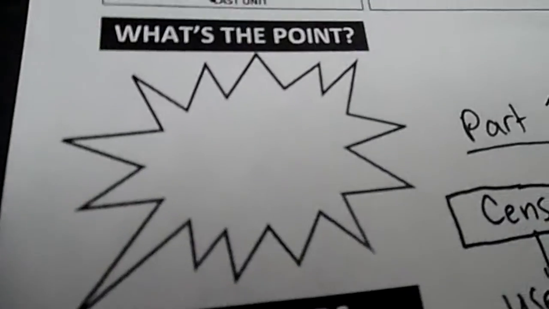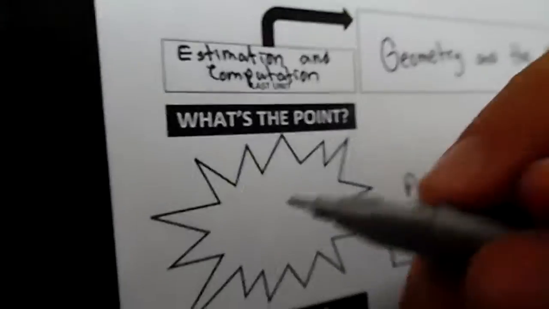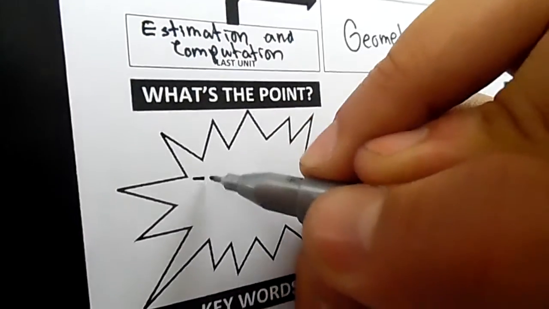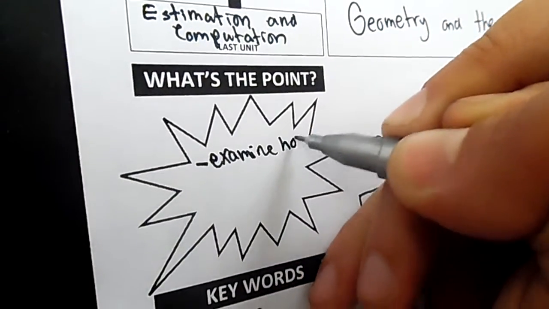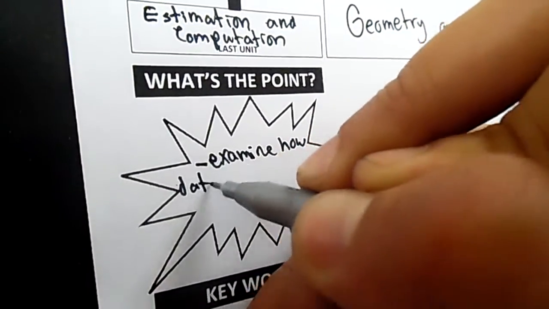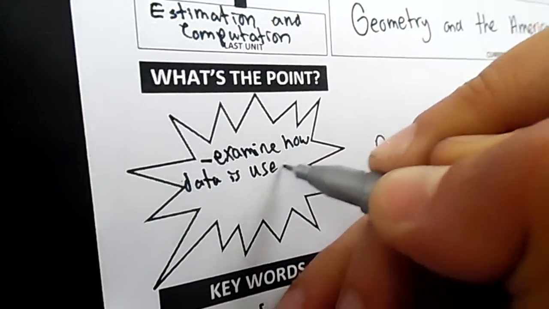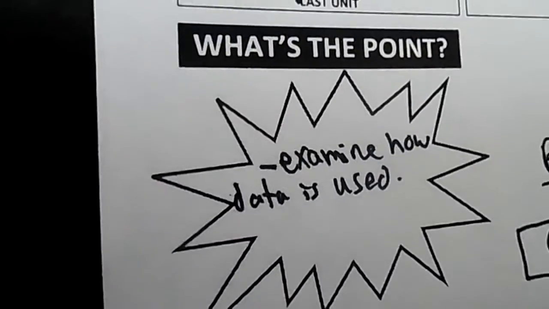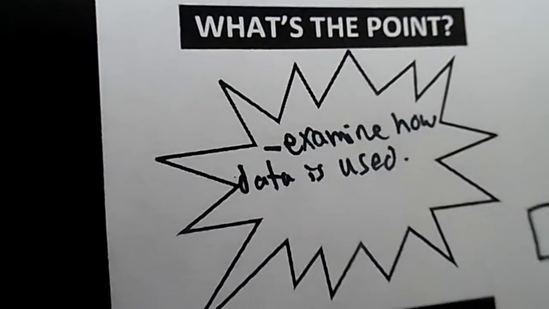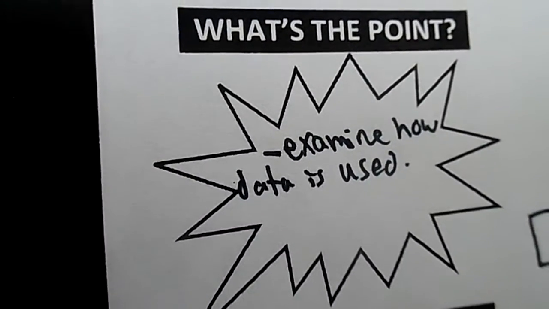So now, what is the point? The point is to examine how data is used. We've already looked at that. Some data that's not true, or that could be opinions, like tall, or where sharks attack.